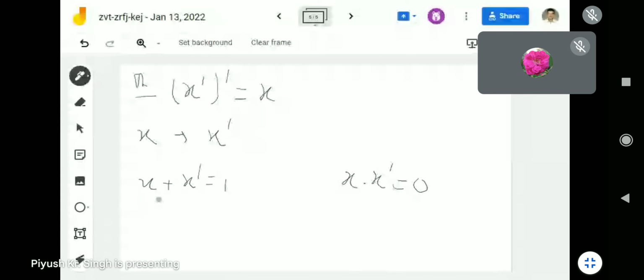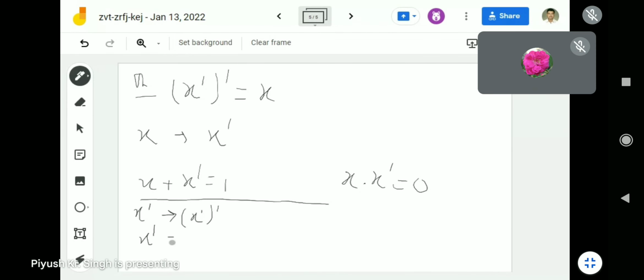Okay. Now consider here. Since x bar is an element of the Boolean set, if x bar is an element, then there exists a unique complement of x bar, such that x bar plus x bar bar is equal to 1 and x bar dot x bar bar is equal to 0.